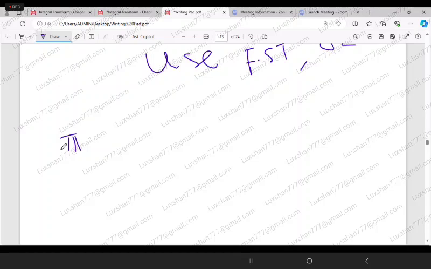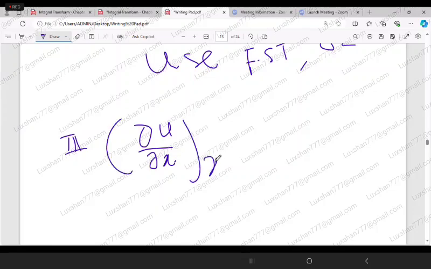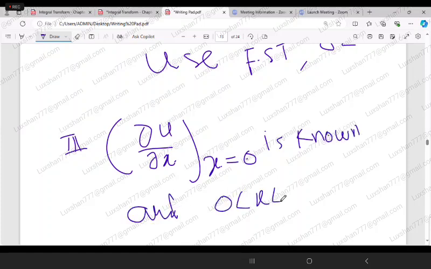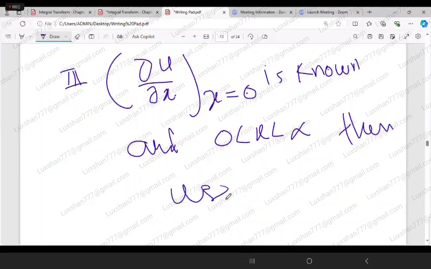Third situation, if you know du over dx when x equals 0 is known, and the range is 0 to infinity, then use Fourier cosine transform.